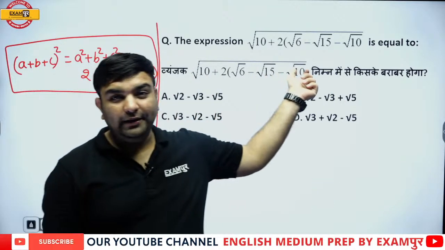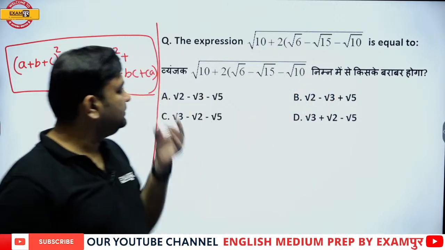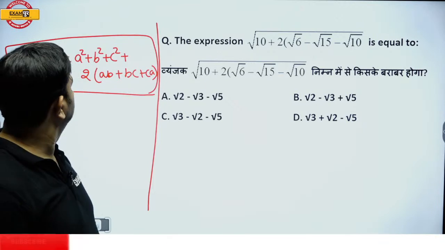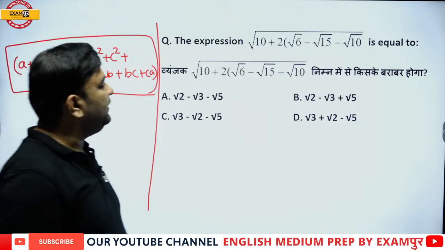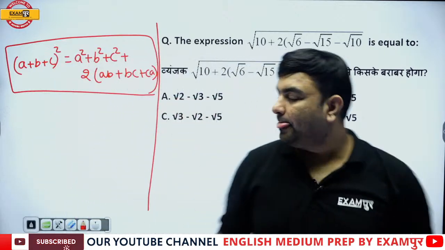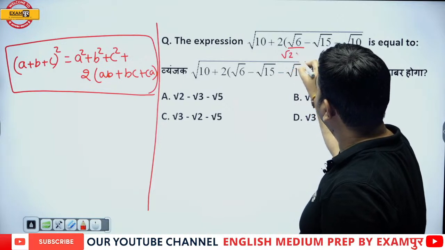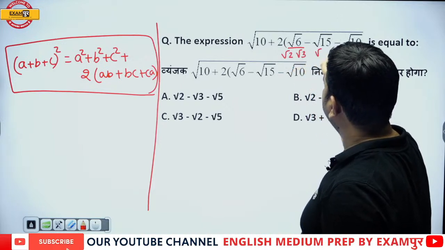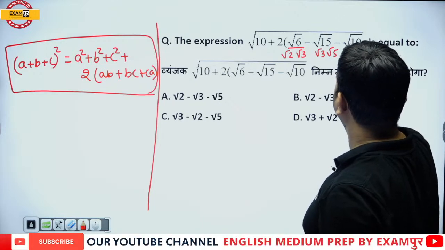So if you look at it closely, if you break it into root 2 into root 3, and this is root 3 into root 5, and this is root 5 into root 2.